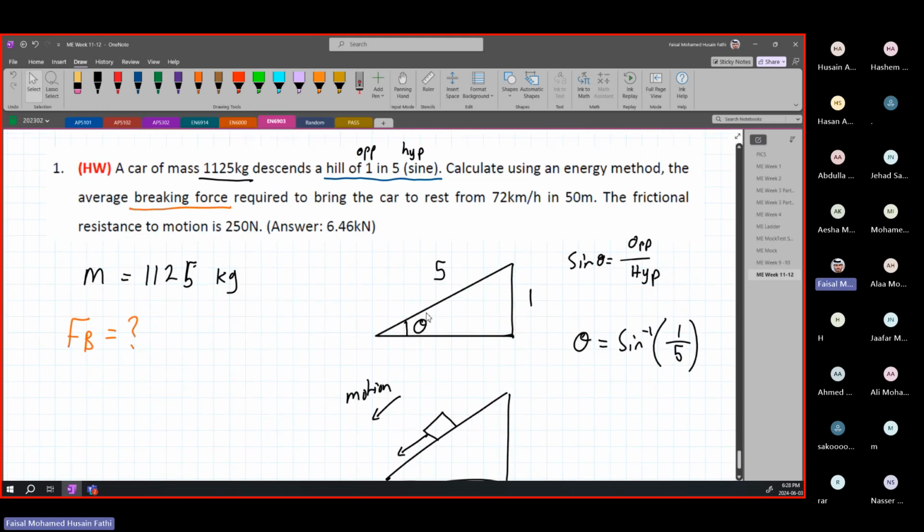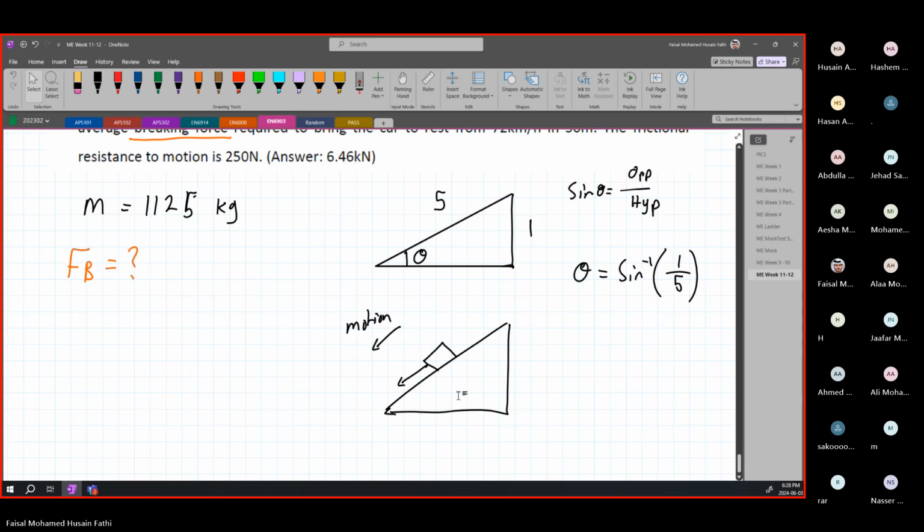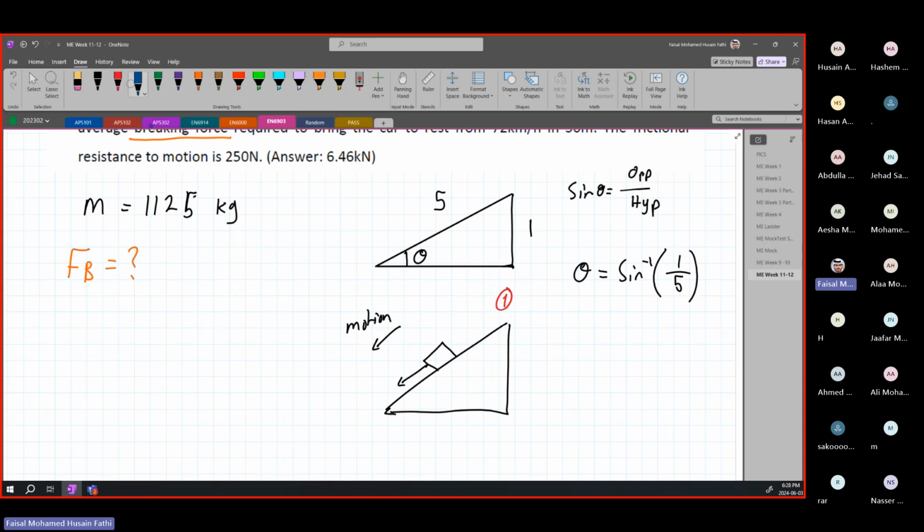So, all you need to know here is your phases. What are the phases that we have? So this is first phase, and then this is our second phase. And it's going downhill, and this is angle theta, which, by the way, I don't think we're going to be using in this question. But we're going to have our phase 1 and phase 2.